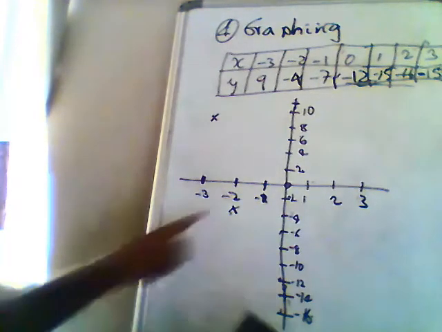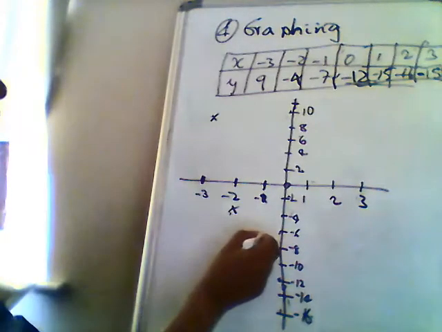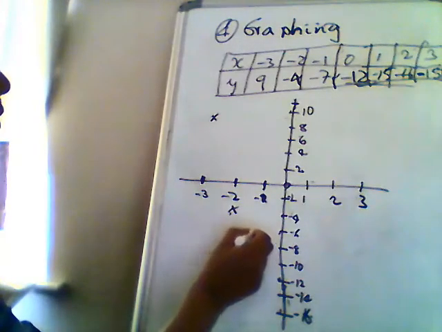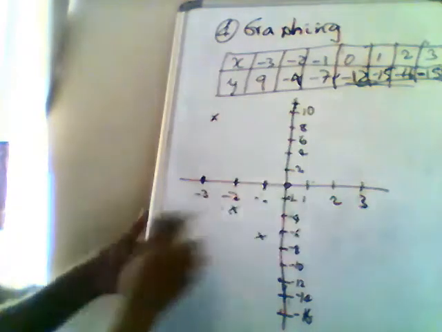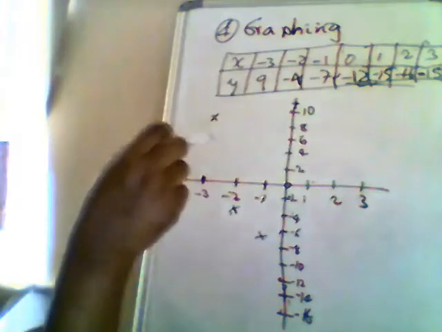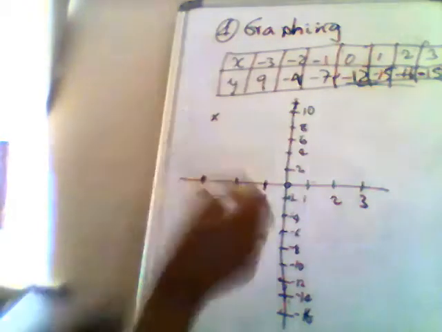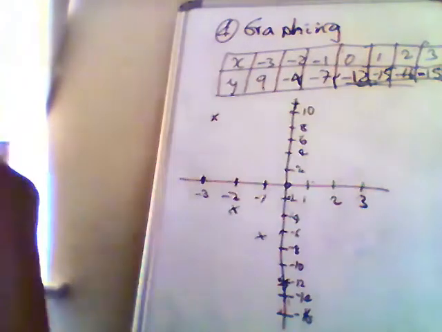When x is minus 1, y is going to be minus 7, which is somewhere here, in the middle of this. And when x is 0, y is minus 12. So it's somewhere here.